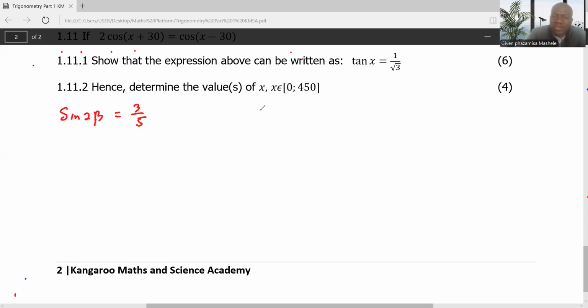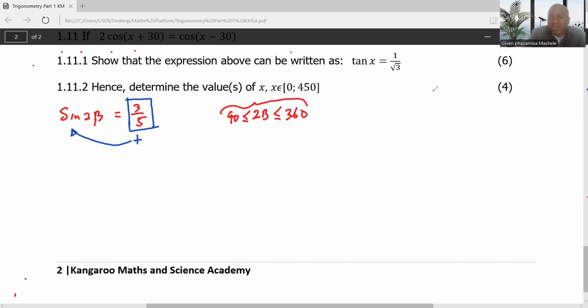But we are told that this 2 beta is between 90 and 360. This is a condition, which means we need to consider this. First of all, we look at this ratio. This ratio on its own is positive, so it's telling us sine is positive.